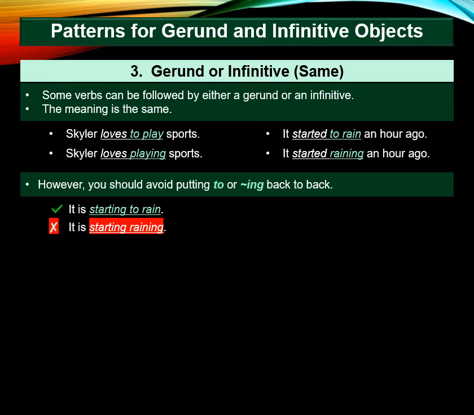Because starting also ends with ing, it is much better to have the infinitive when you have a choice. Or it is going to start raining is much better than it is going to start to rain. To start already has to, so the gerund is better than the infinitive.